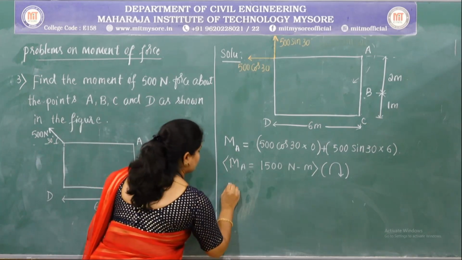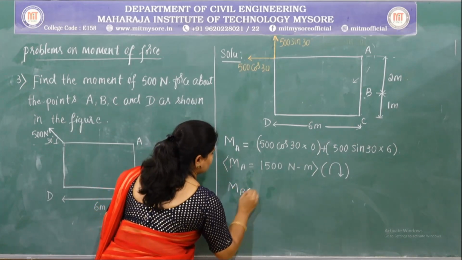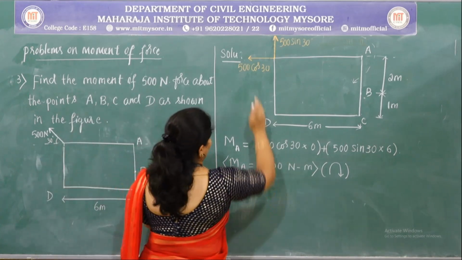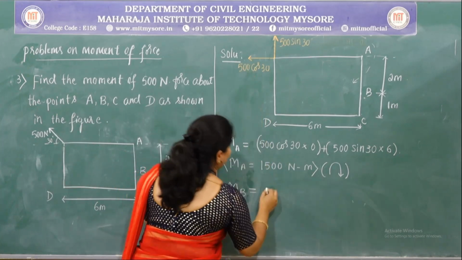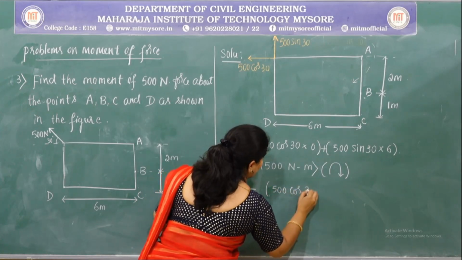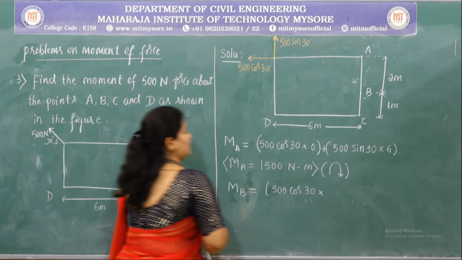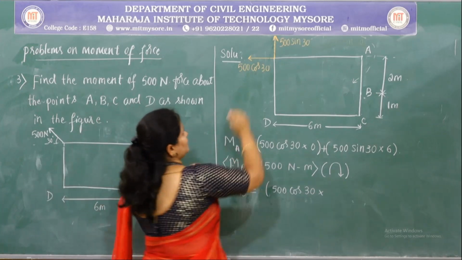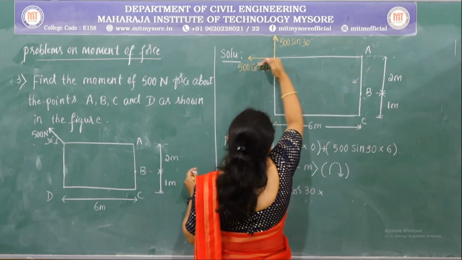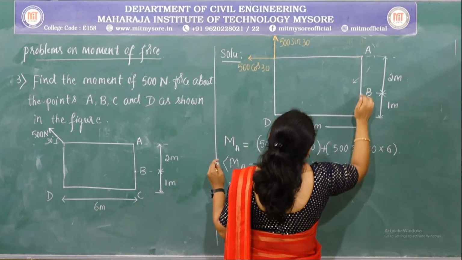Again we shall consider the moment of the given force about point B. So again consider the x component. The magnitude of the x component is 500 cos 30 multiplied by the perpendicular distance between the line of action of the force and the point. This is the line of action of the force and here is the point.